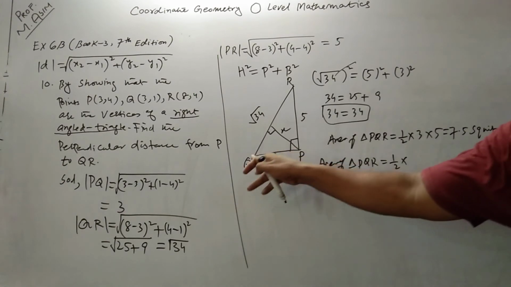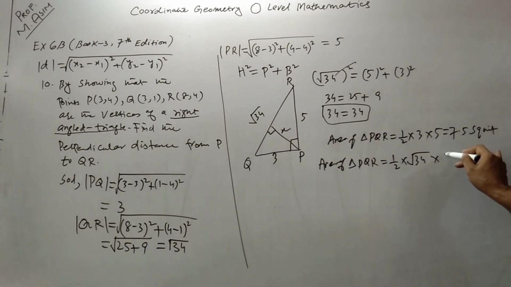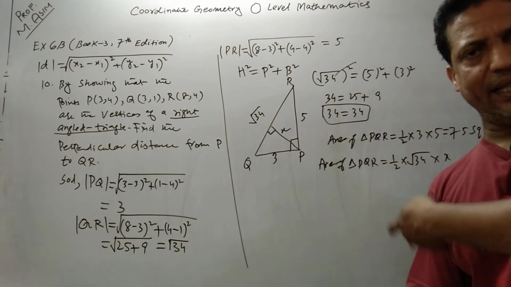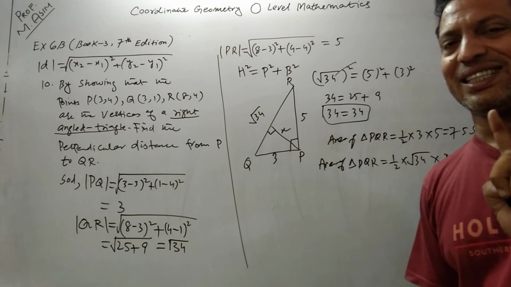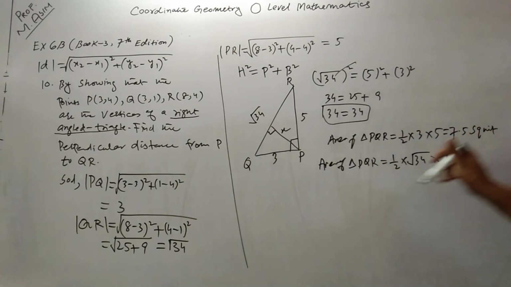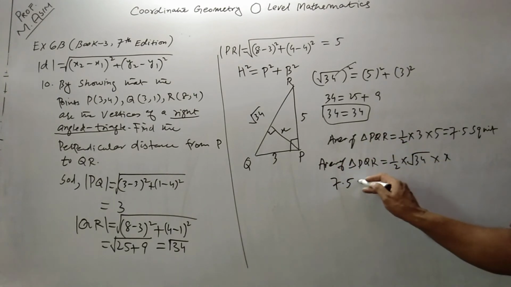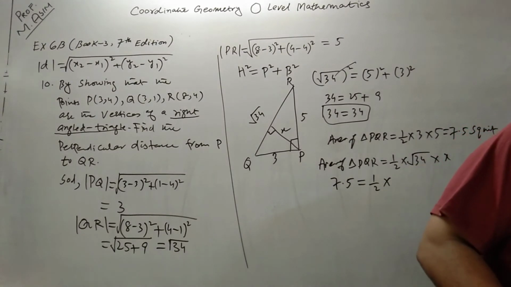Again, the area of triangle PQR is half. If we take QR as base, then the height should be X. And if we change the height or base, as we already saw in the previous question, the area doesn't change. So the area is 7.5, then the area should be the same. 7.5 equals 1 upon 2 times root 34 times X. What is the square root of 34?